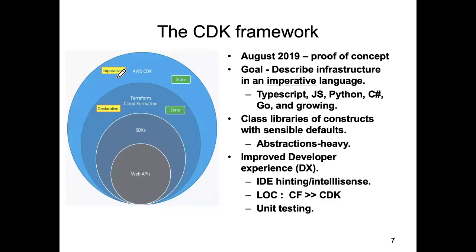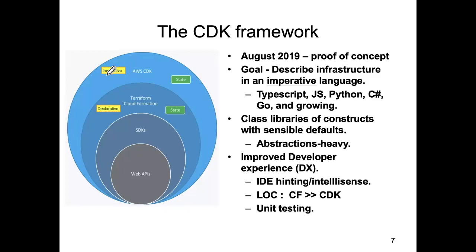But with the CDK, we could describe our infrastructure using an imperative programming language. And there are multiple languages that we can use with the CDK framework. We will be using TypeScript, but you can use Python, Go, Java, and many others.